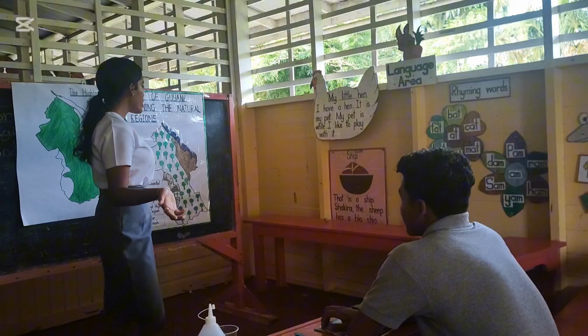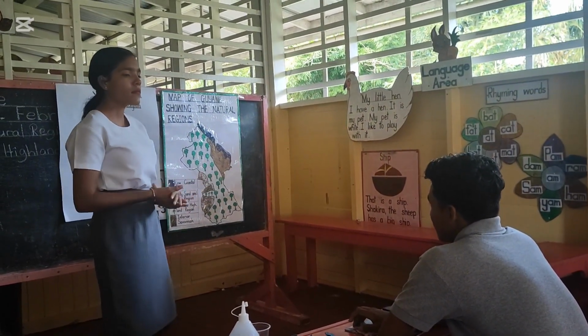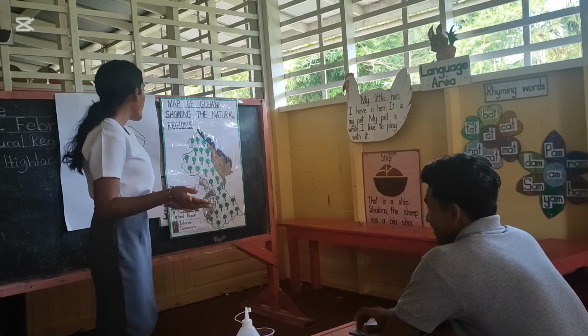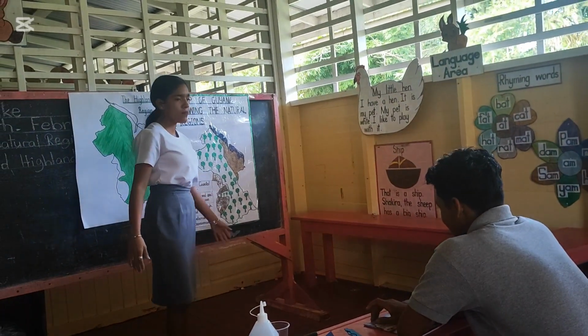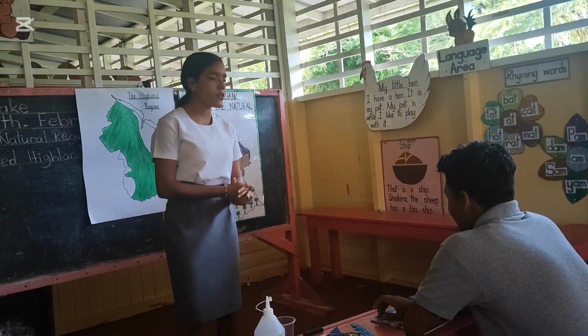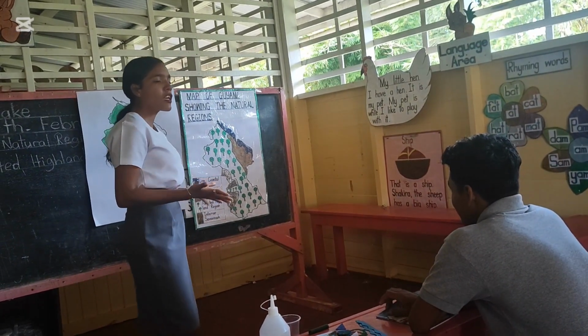So, any question based on our topic? Yes, miss. Can Linden be found in the highland region? No, Linden can be found in the hilly sand and clay region. Is there any more questions you would like to know or clarification on?